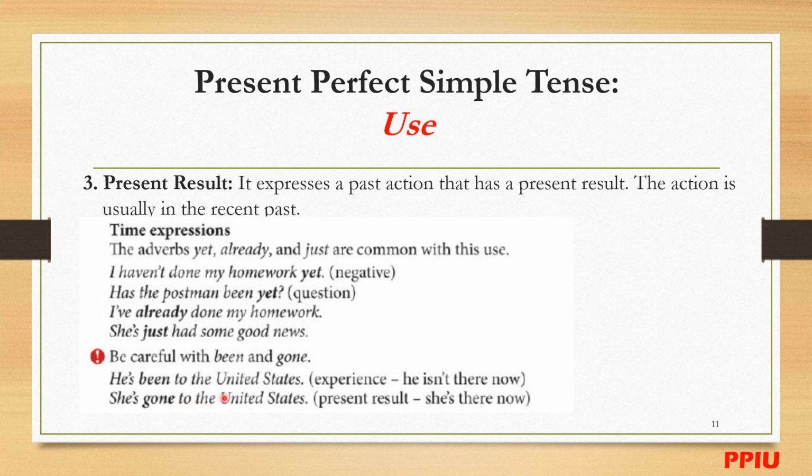She's gone to the United States. Present result, she's there now. Gone means right now she stays there, but been, she turned back and just had the experience. So just distinguish between these. More and more we are confused between been and gone.